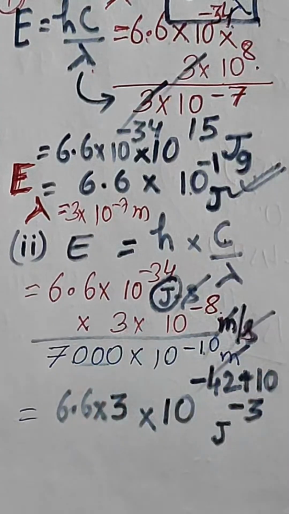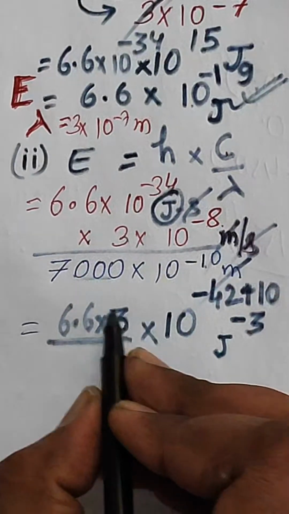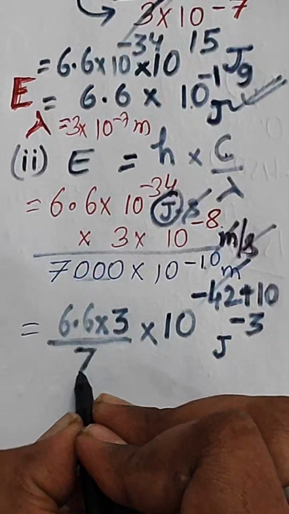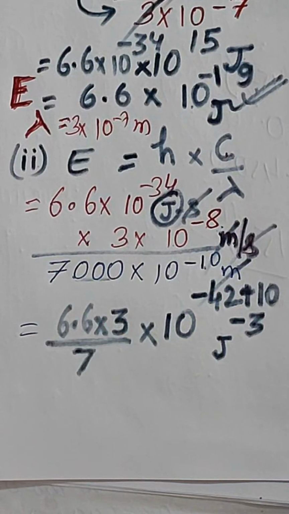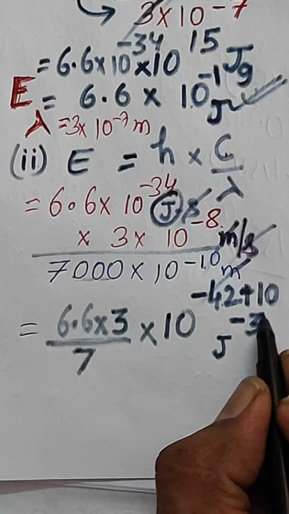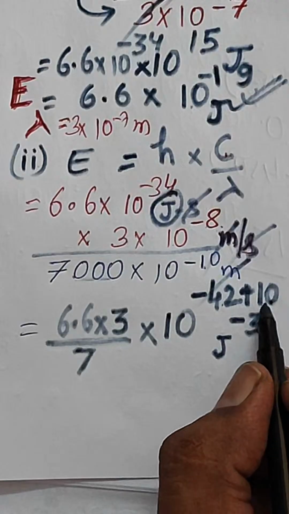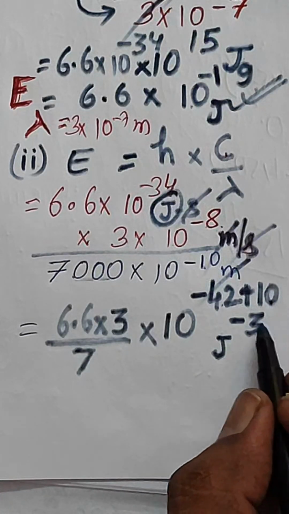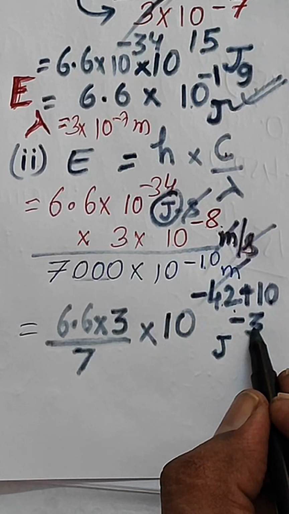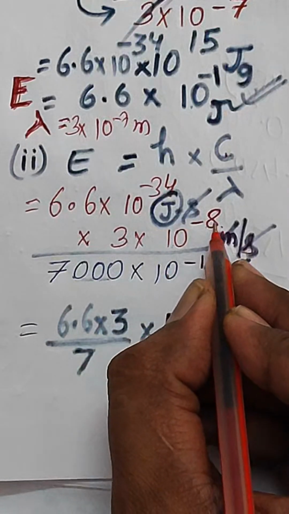Now, a simple mistake we made over here: it is 3 into 10 to the power 8 meter per second, not minus 8.